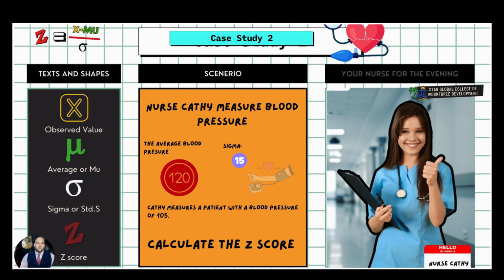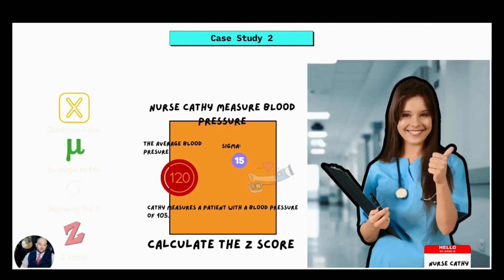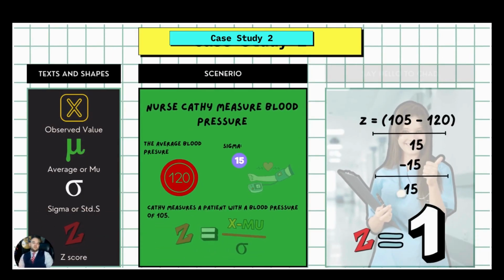That means there could be a lot of variation, 15 over, 15 under. So Kathy measures a patient with a blood pressure of 105. I want you to calculate the z-score here. And as you can see, when you calculate it, you get a z-score of 1.